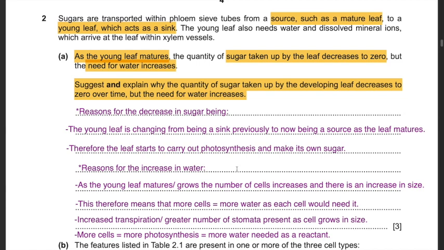Increased transpiration occurs, or greater number of stomata present as cell grows in size. You could also mention more cells is equal to more photosynthesis. And what does photosynthesis require? Photosynthesis requires water. So more cells is equal to more photosynthesis, which is equal to more water needed as a reactant. Writing any of these key points would earn you 3 marks.